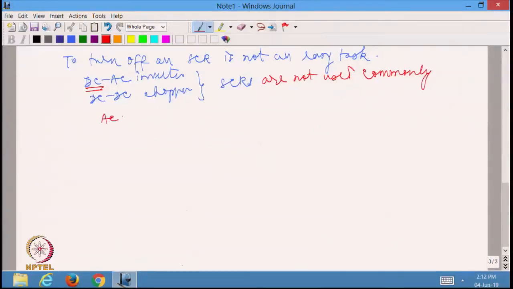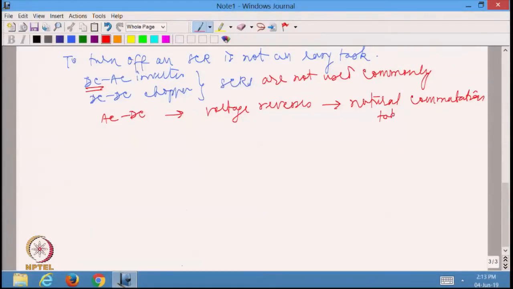Whereas, if it is an AC DC circuit, automatically the source voltage will reverse, because of which natural commutation or natural turn off will take place, right. So, it is always good to use SCR in AC excited circuits, not good to use them in DC excited circuits.